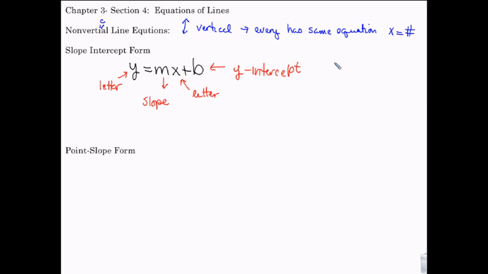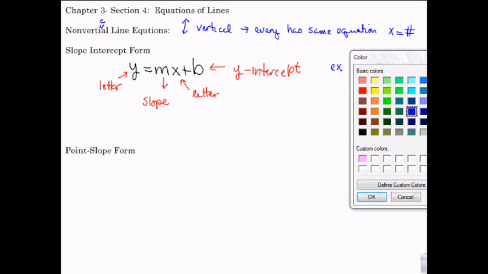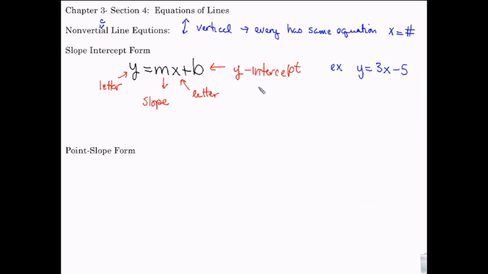So as an example, y equals 3x minus 5. This is an equation of a line in slope-intercept form. My slope is 3. My y-intercept is negative 5. And the y-intercept is where we hit the y-axis. Okay.